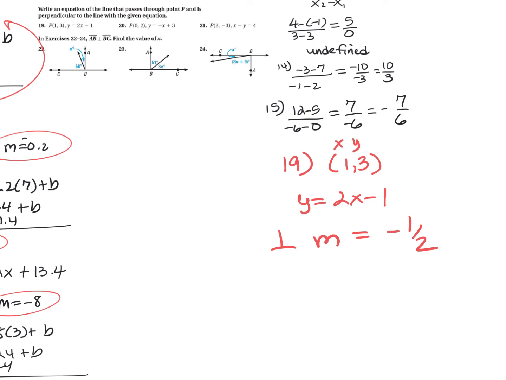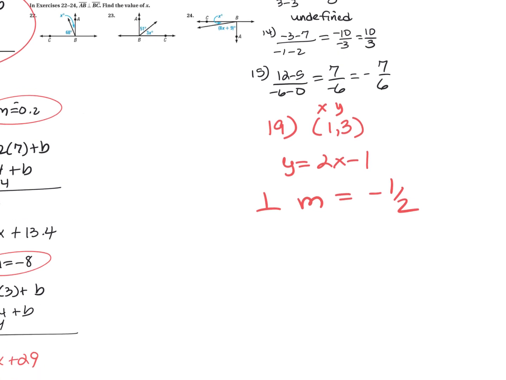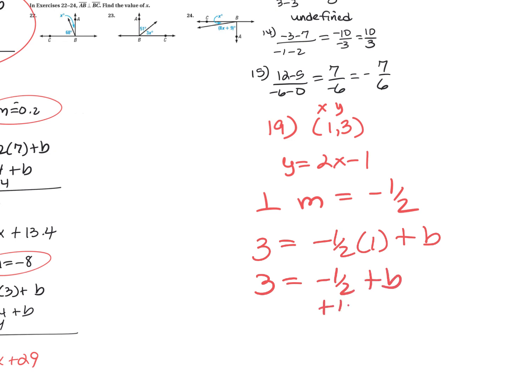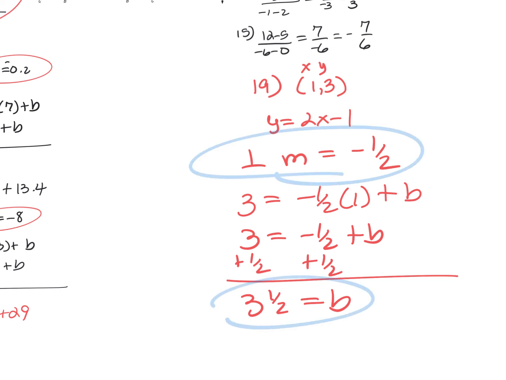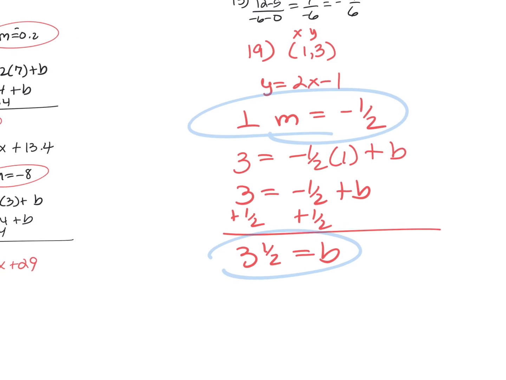This is x, this is y. So I'm going to use 3 equals negative 1/2 times 1 plus b. 3 equals negative 1/2 plus b. Add the 1/2. 3.5 equals b. Now take the b and the perpendicular slope and write it as an equation. So y equals negative 1/2 x plus 3.5.